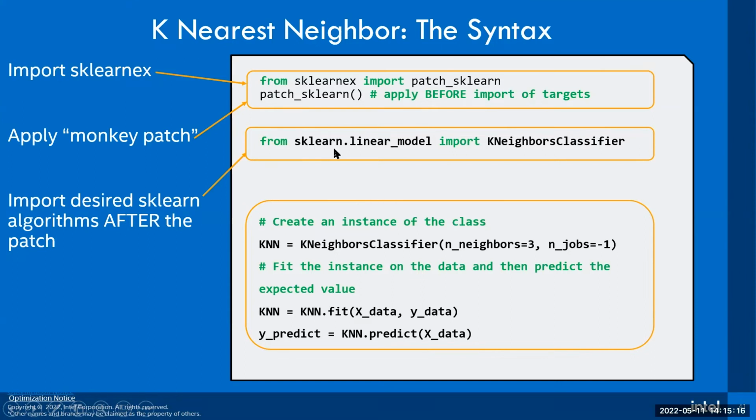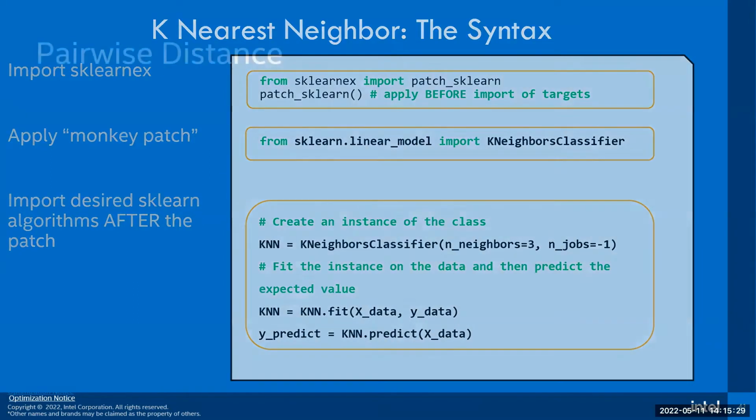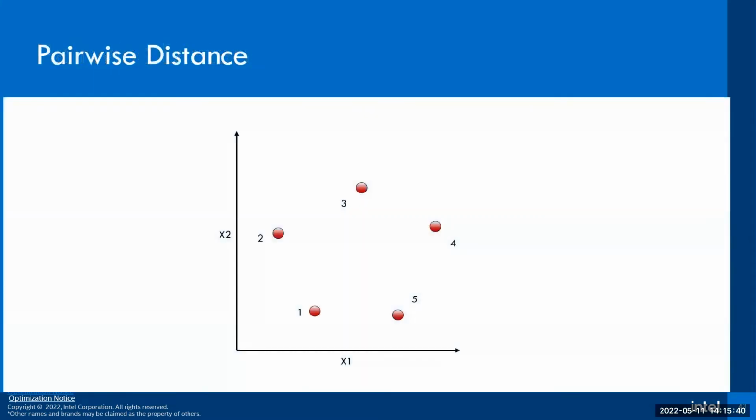This is the main point: the top two lines apply the monkey patch to take advantage of the Intel extension for scikit-learn. This is a brief example of K-nearest neighbors, and to calculate the pairwise distance.